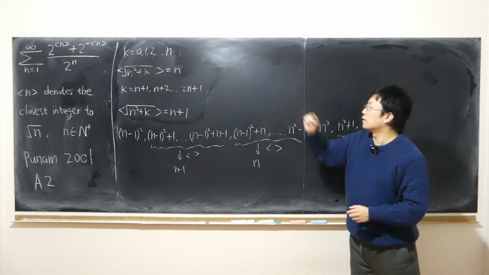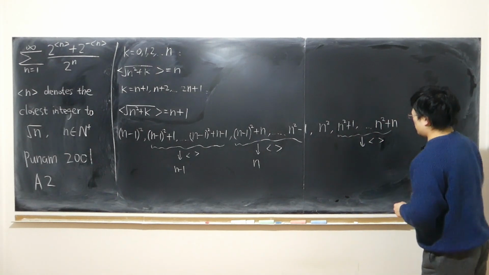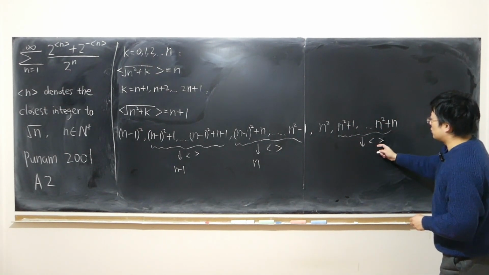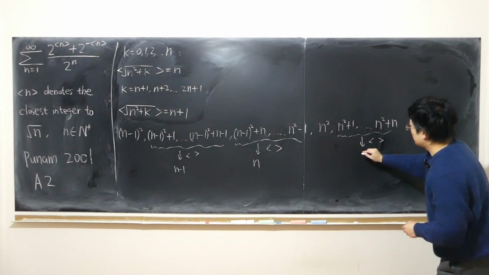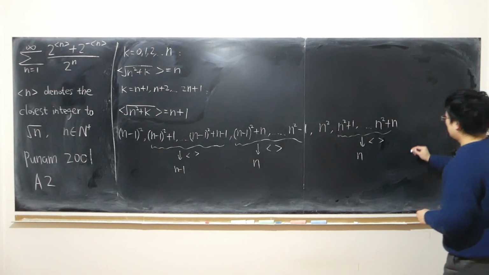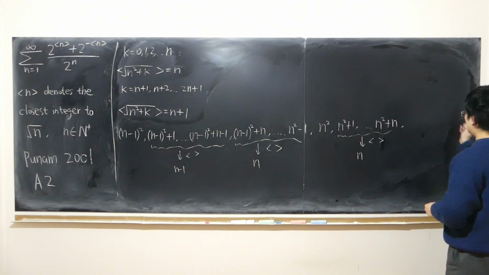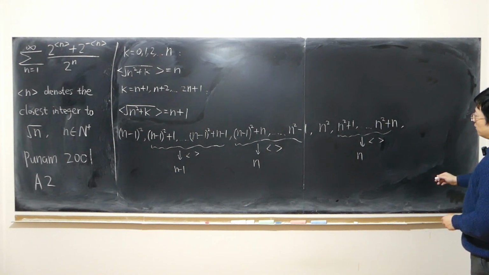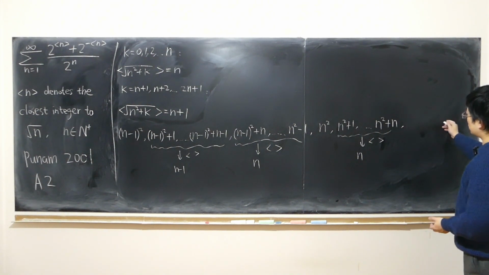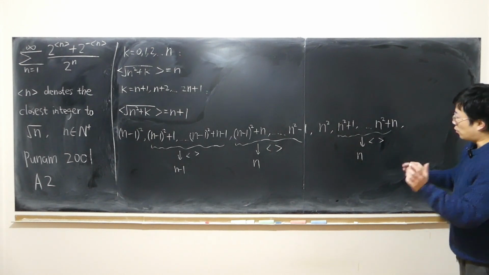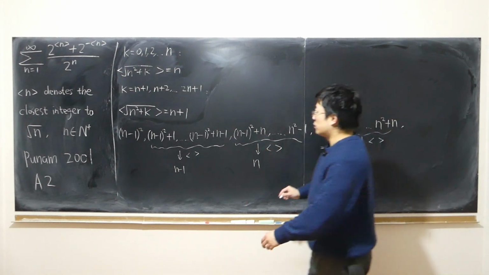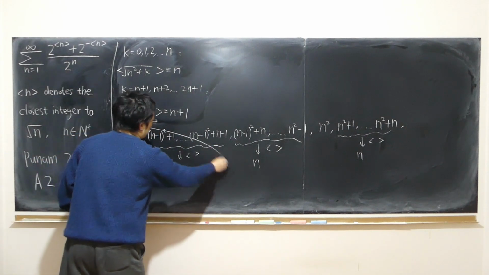According to our conclusion, the closest integer of the square root of each is exactly n. For the next numbers onwards until n plus 1 squared, the closest integer of each square root will be n plus 1. We don't worry about them, and we don't worry about these.